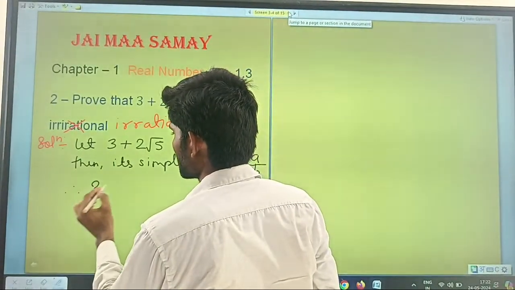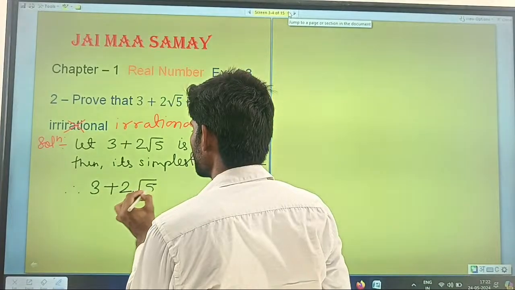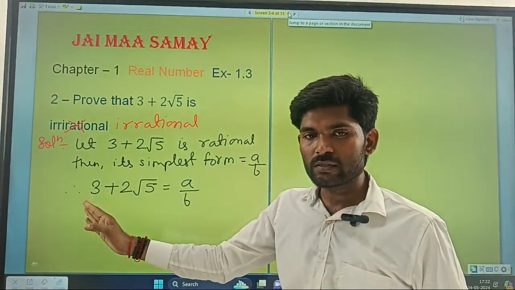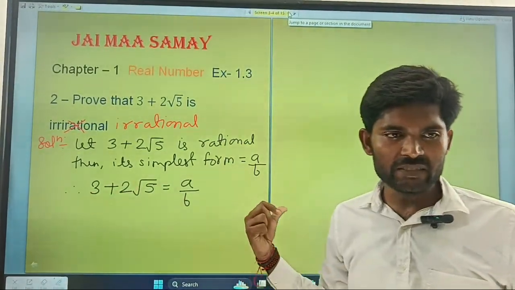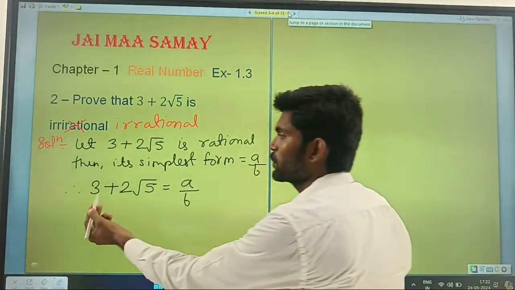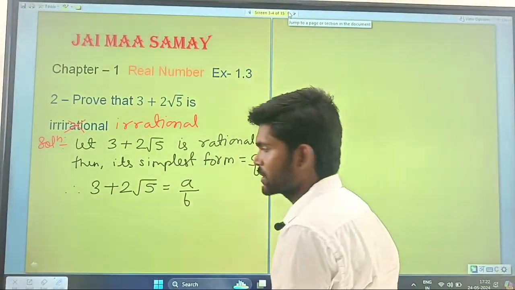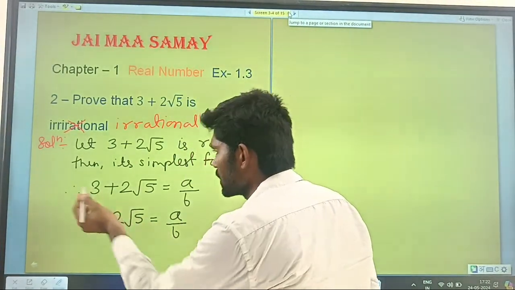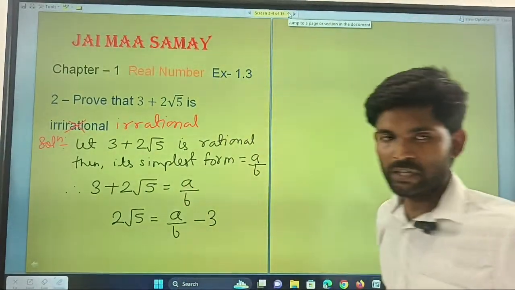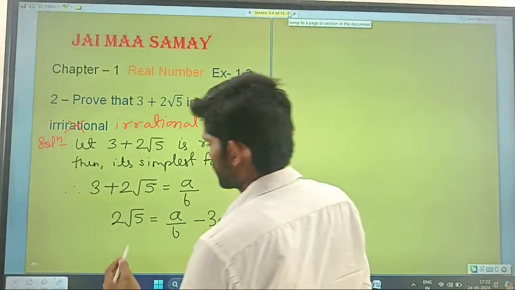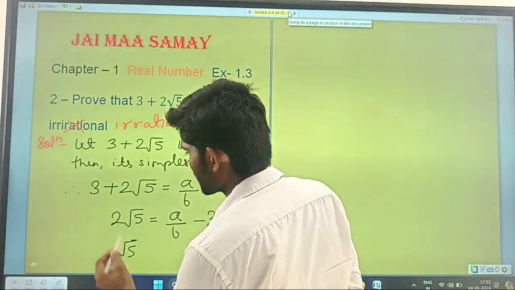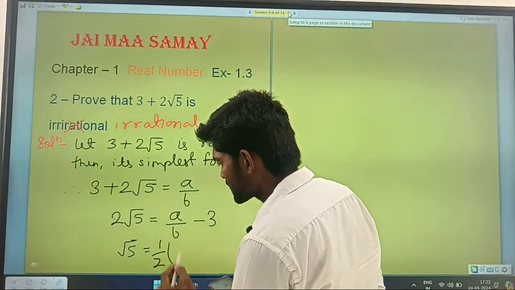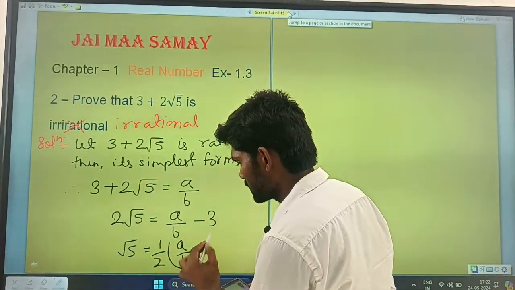Therefore 3 plus 2 under root 5 is equal to a upon b. Now this is plus on the left side; if a term changes side, the sign changes. So 3 positive becomes negative: 2 under root 5 is equal to a upon b minus 3. Here we multiply by 2, so on the other side we divide; write the reciprocal, 1 upon 2, in a bracket. Clear?